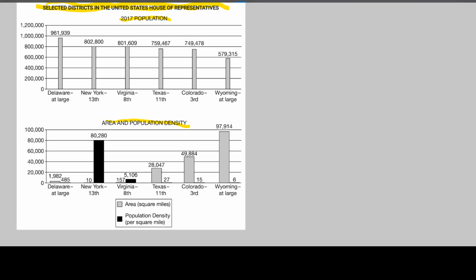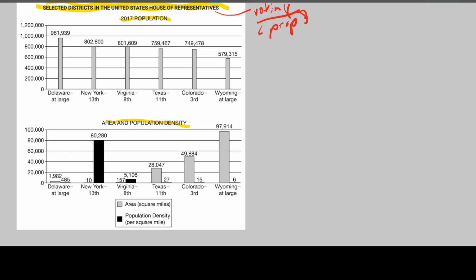Now we're looking at districts, so we are thinking about something political. In this case, we're thinking about voting, right? These voting districts are what we're looking at primarily here, right? In the US, we have proportional representation in the House of Representatives. And what that means is that representatives are chosen and allocated according to populations of a district or at large a state.